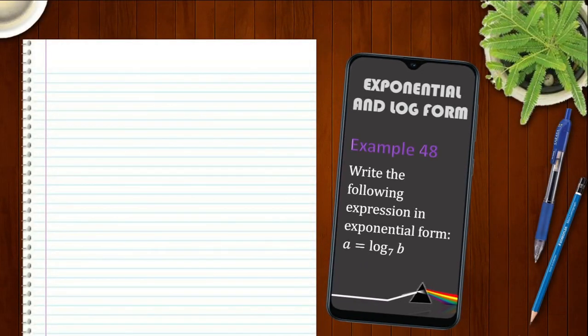Okay, write the following expression in exponential form. So now going from log form to exponential form, we have a equals log base 7 of b. So base stays base, so 7 is my base. And then since 7 on this side is with b, now it goes with a, and it is equal to b.